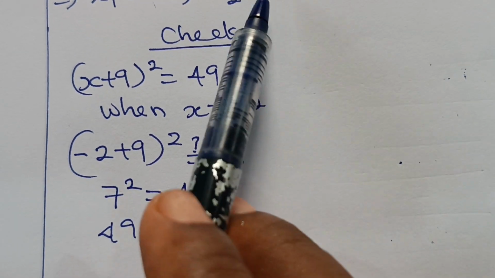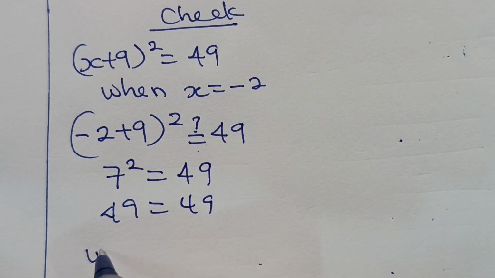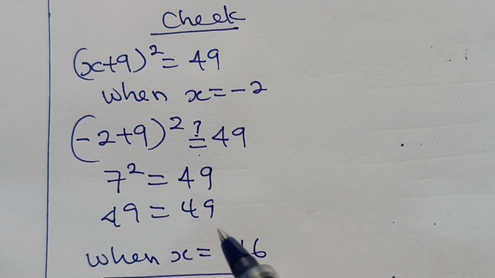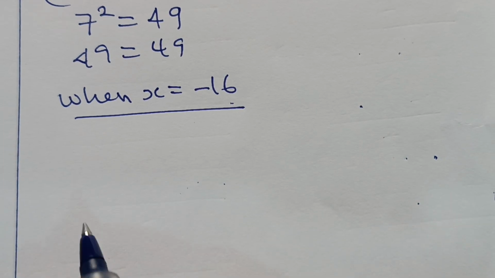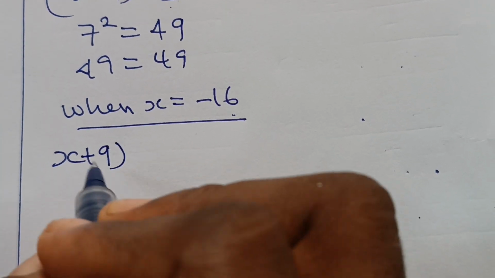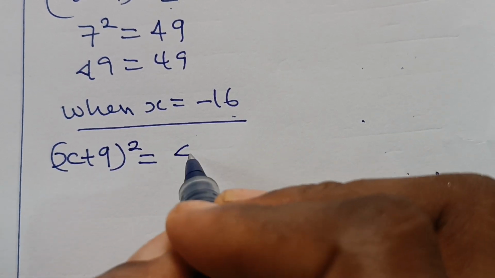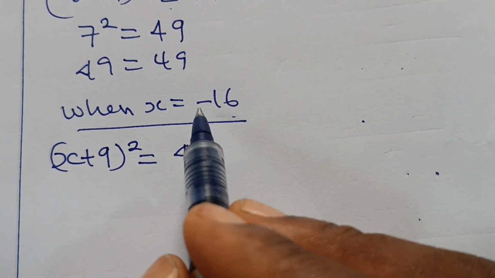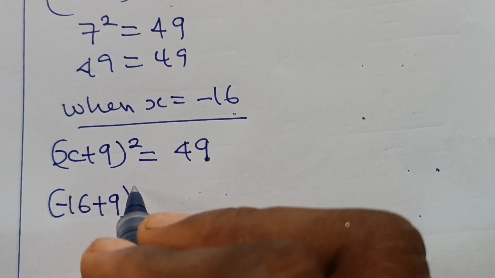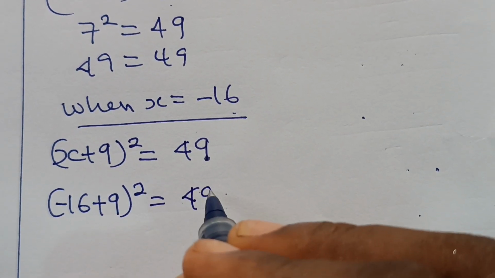Now let's check for minus 16. So when x is equal to minus 16, according to the question, (x + 9)^2 is equal to 49, right? Now when x is minus 16, we substitute. (Minus 16 plus 9) all squared is equal to 49.